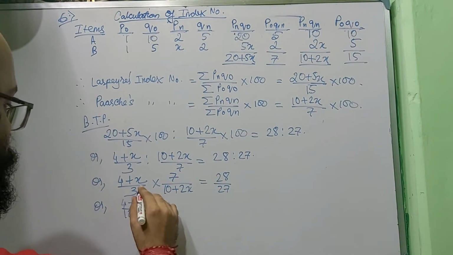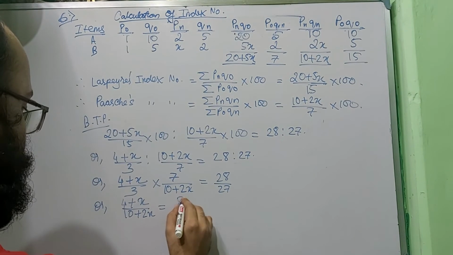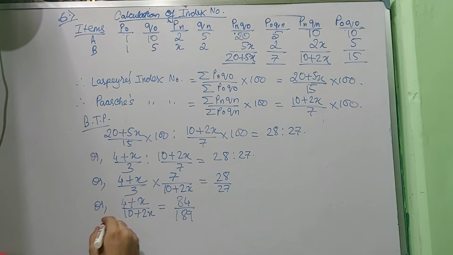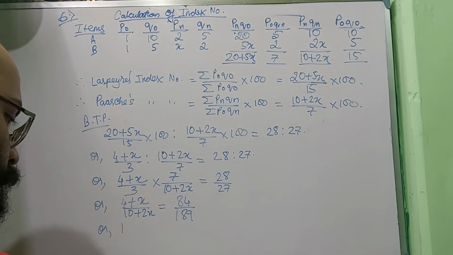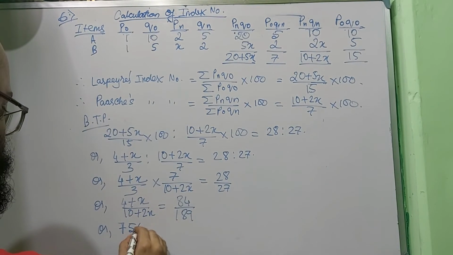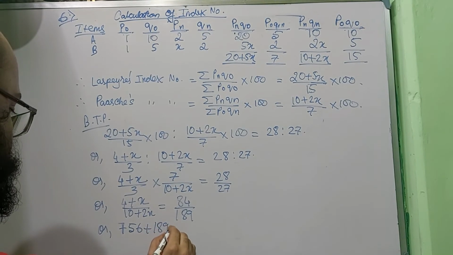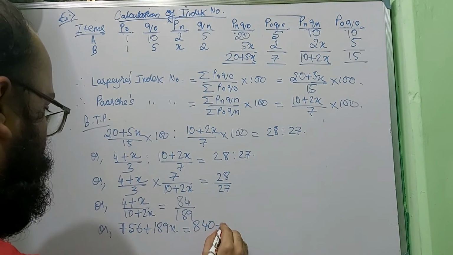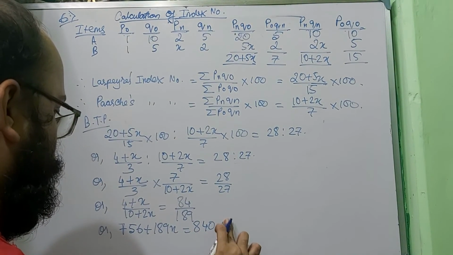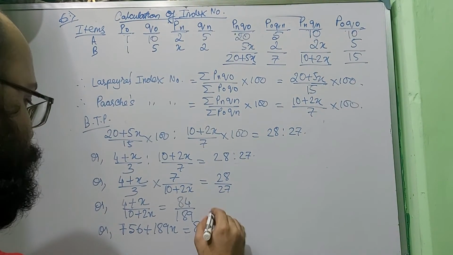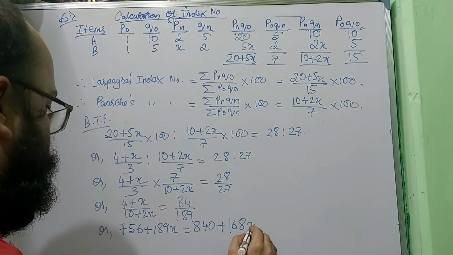If you cross multiply, 3 with 28 means 84, and 189 means 7 into 27. Now, 189 into 4, 756. 756 plus 189x is equal to 840 plus 84 into 2, 168x.